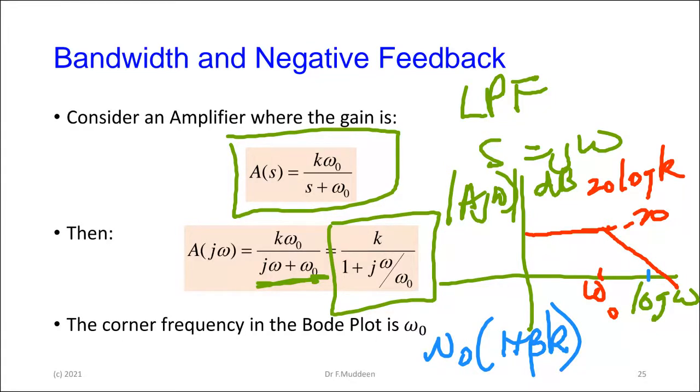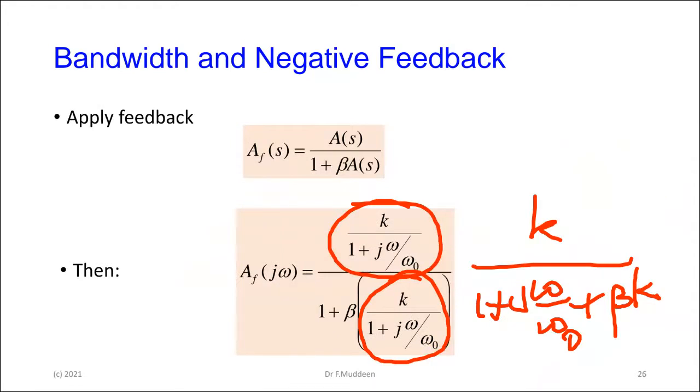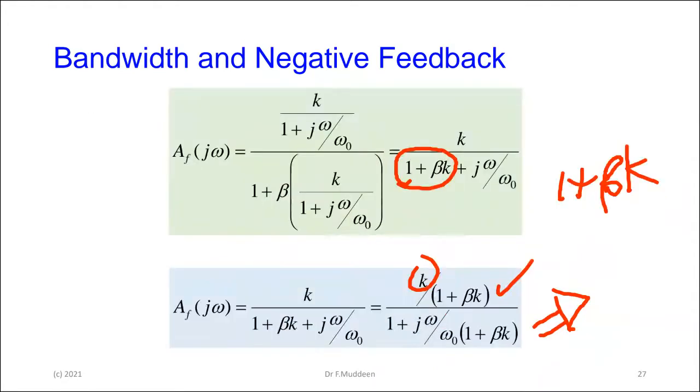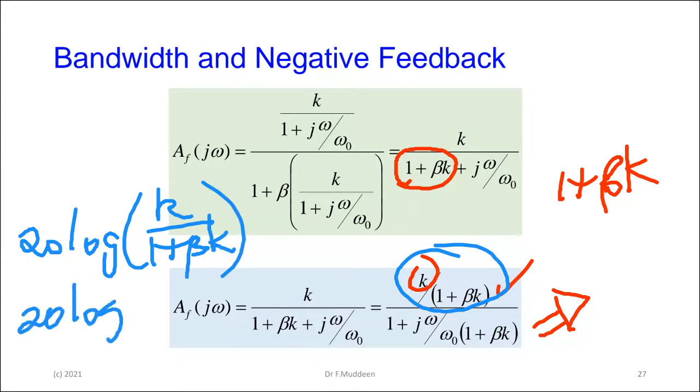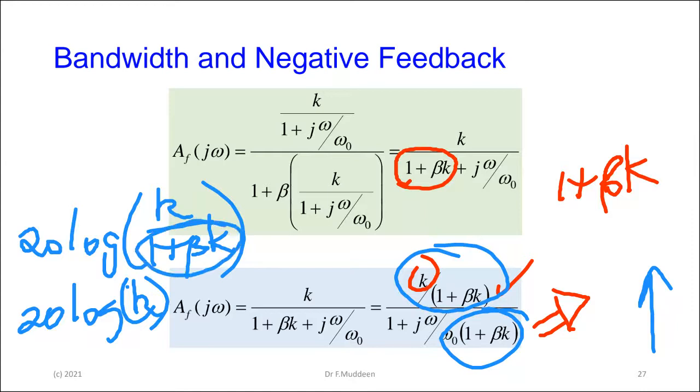So that's part one. And then look at the top bit here now. If I take this in decibels, this is 20 log of K over 1 plus beta K. Now, originally we had 20 log K. So notice two things have happened. One, the corner frequency has gone up by a factor 1 plus beta K, but the gain, this bit on top here, has gone down by the same amount.